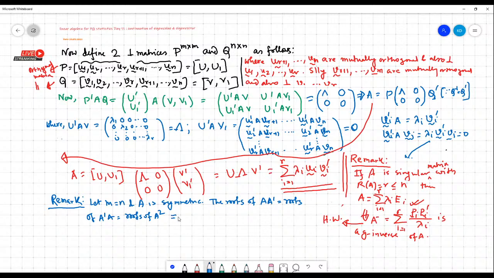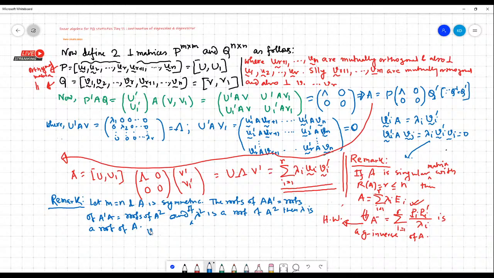It is lambda square. If lambda square is a root of A square, then lambda is a root of A, where root means characteristic root or eigenvalue.